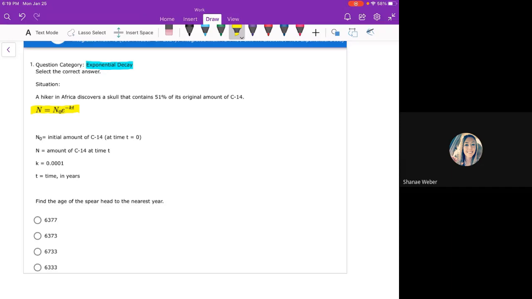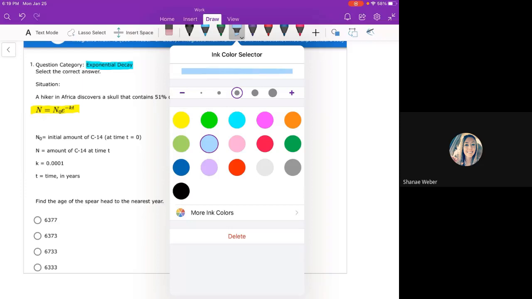N is the amount of C14 at time t. They give us k, which is 0.0001, and t equals our time in years. And our question is, find the age of the spearhead to the nearest year. So we want to find out how old was that spearhead.